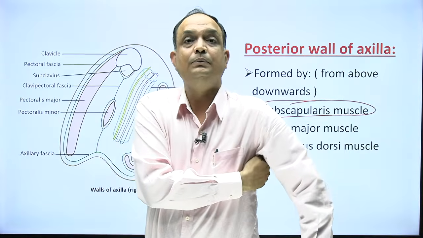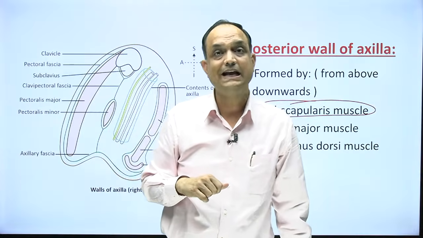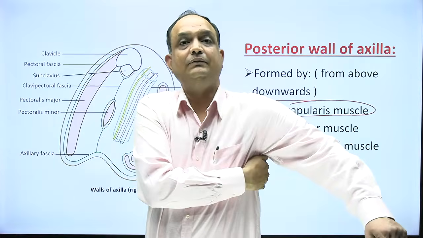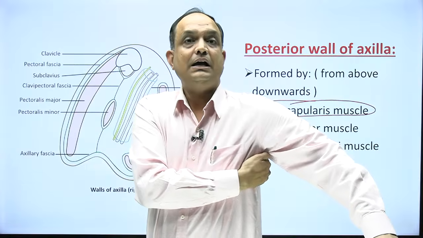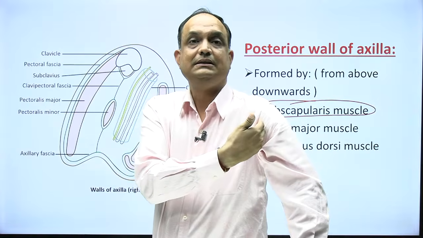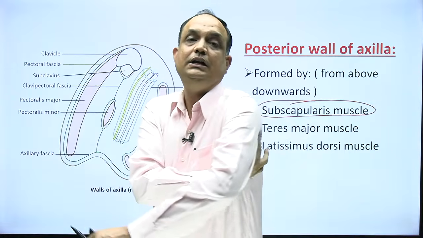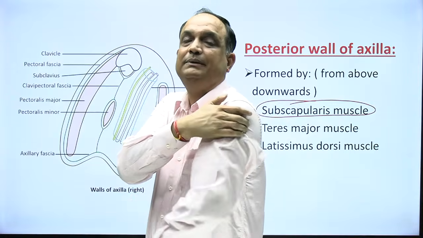The muscle comes from the posterior side because it arises from the ventral or costal surface of the scapula. So once the muscle is coming from the posterior side from the scapula, it has to come here on the anterior tubercle, so it is coming like this. Clear?